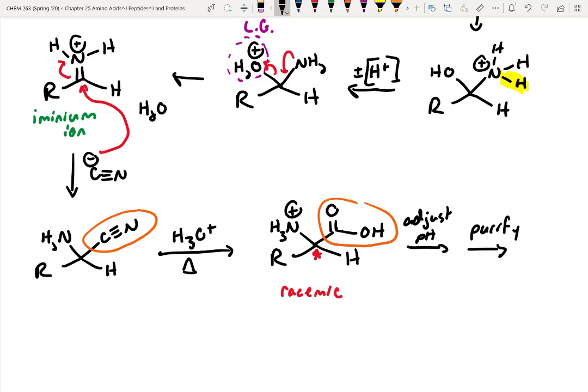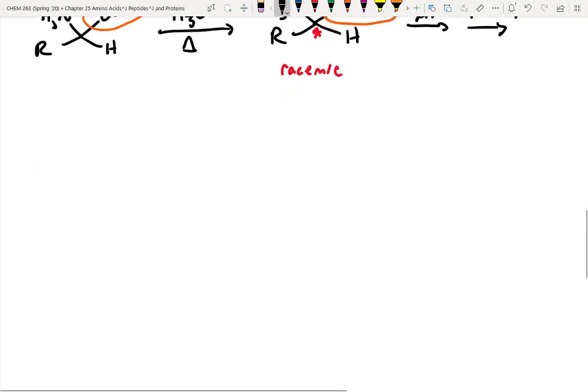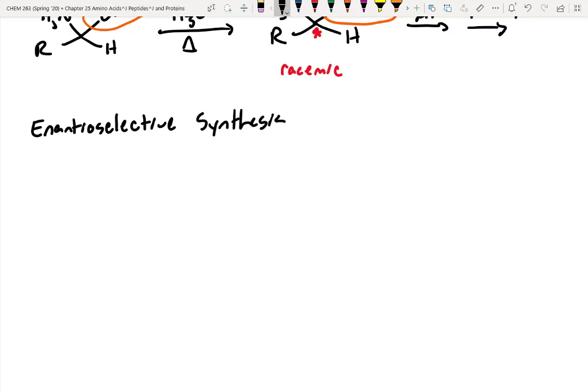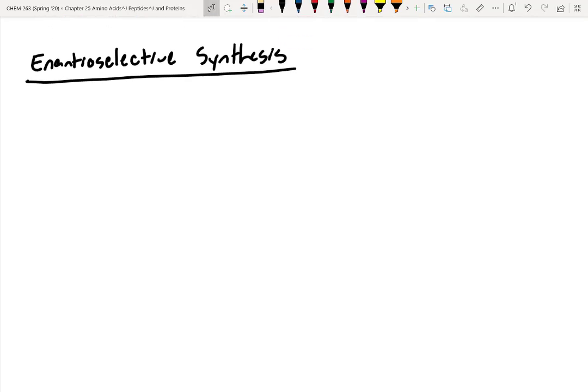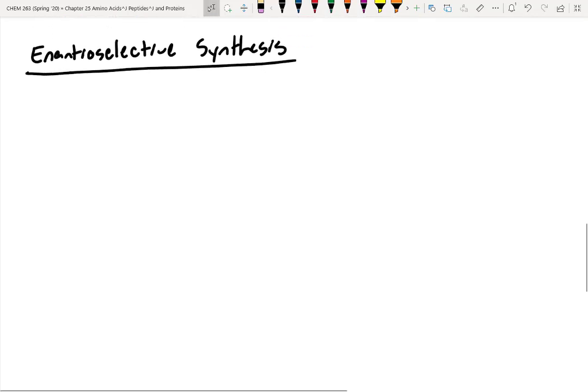All right, the last one is arguably the most popular one now, and this is the enantioselective synthesis. And as you can tell by the name, enantioselective means that we're only going to get one enantiomer. We're not going to get this racemic mixture that's causing all these problems.